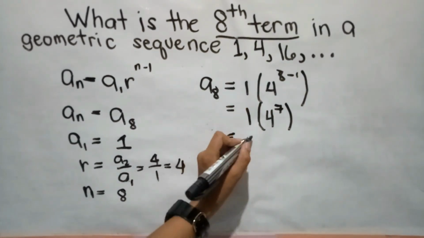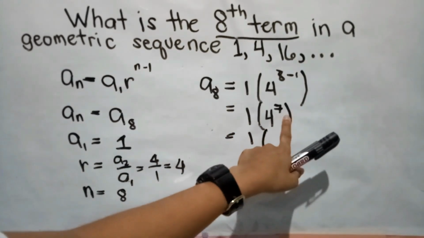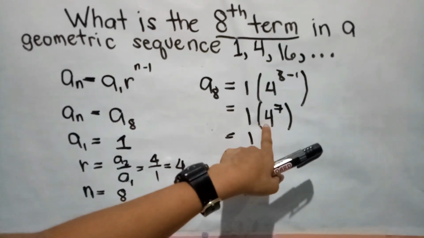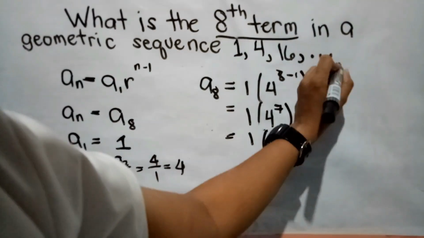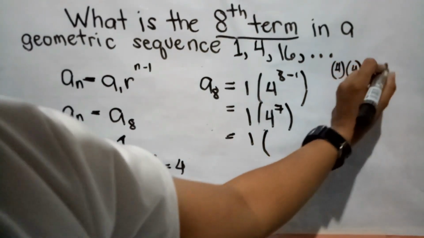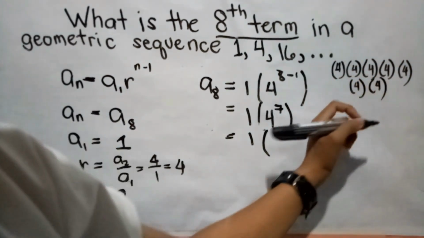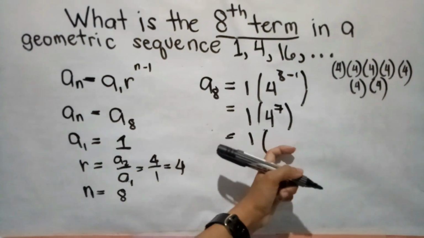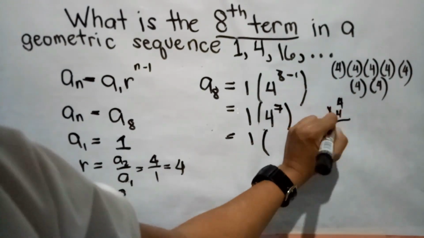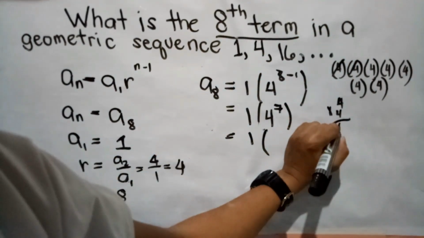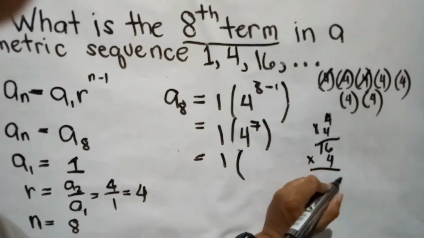So 4 raised to 7 is obtained by multiplying 4 by itself 7 times. It looks like this: 1, 2, 3, 4, 5, 6, 7. Let's start. 4 times 4 is 16. Times another 4, so we have 16 times 4.